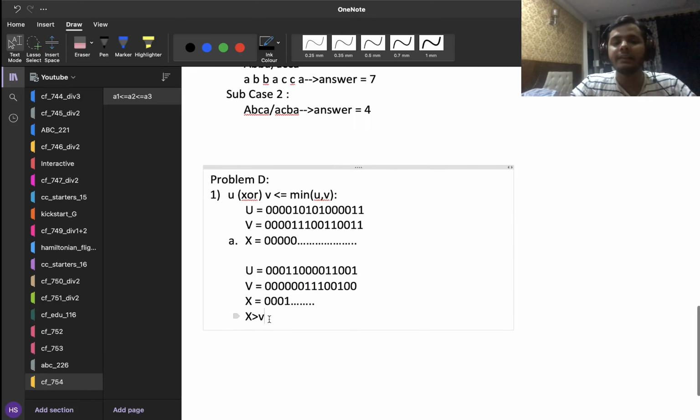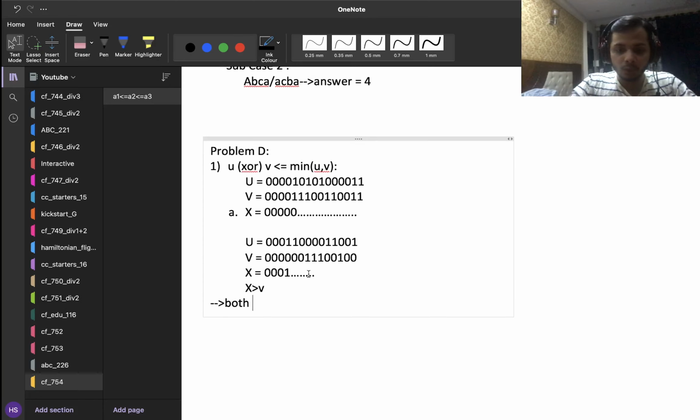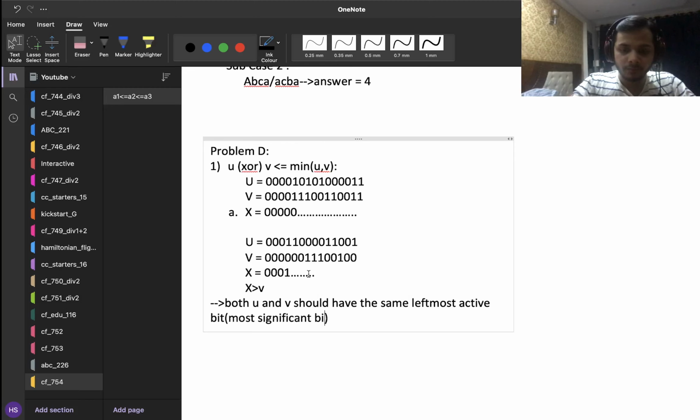So what I have essentially proved here is that the condition for u or v to be less than or equal to the minimum of u comma v is that both u and v should have the same leftmost active bit, which is also sometimes called the most significant bit, or simply MSB.